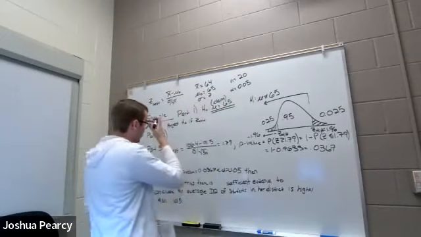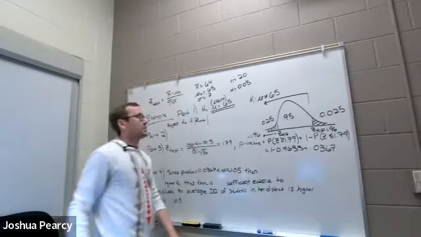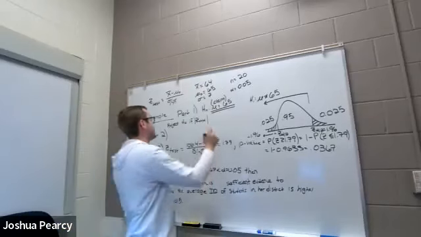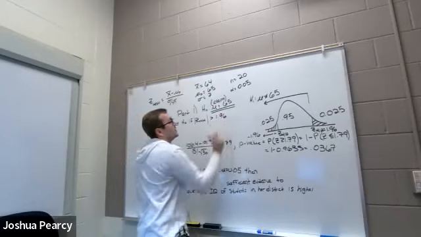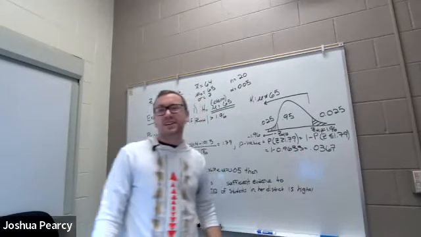Then, write the decision rule. So since it's two-tailed, we'll reject the null hypothesis if the absolute value of our z-test statistic is greater than the positive critical value, greater than 1.96.